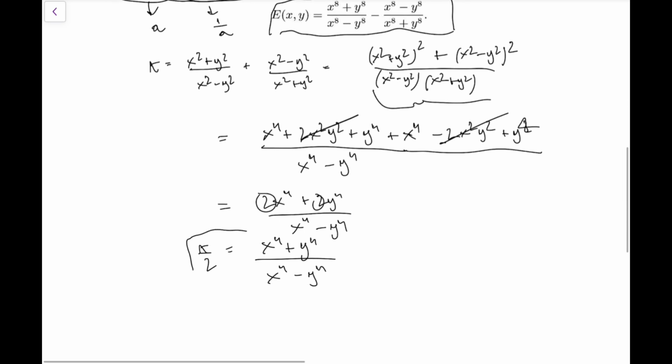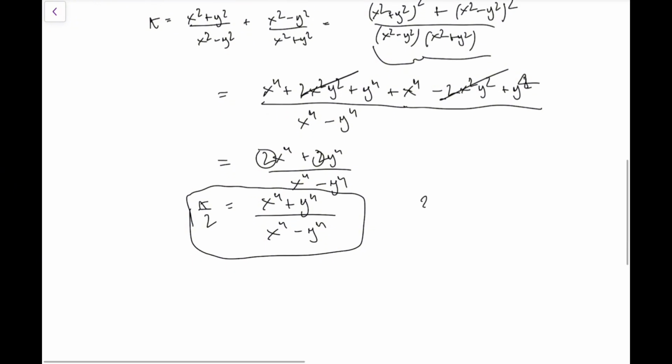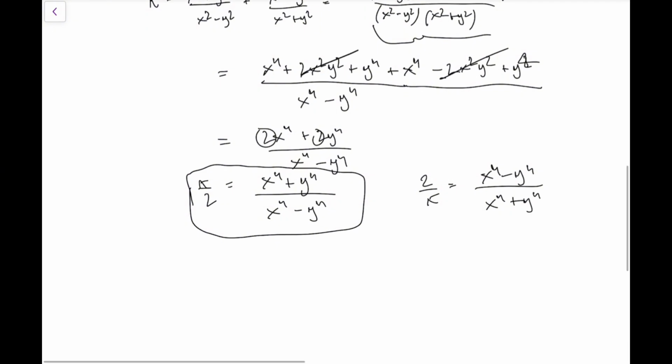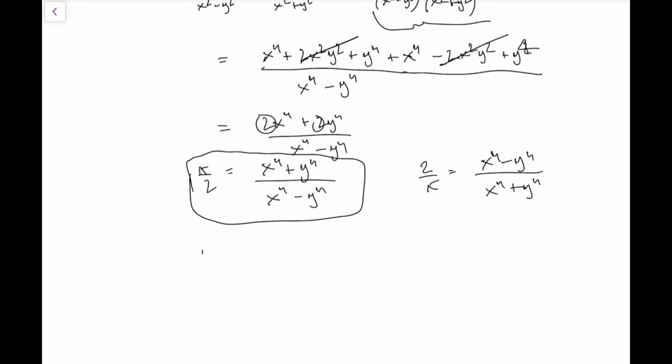In this case we have k over 2, which is this expression, and we're going to sum k over 2 with 2 over k, which is consequently the reciprocal expression. So we're going to calculate k over 2 plus 2 over k, and sum these two expressions. This would be an idea to try out, and it could lead to a solution.